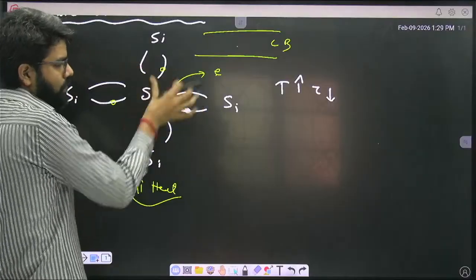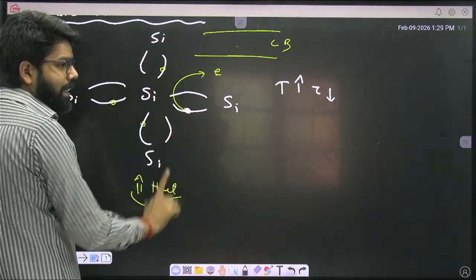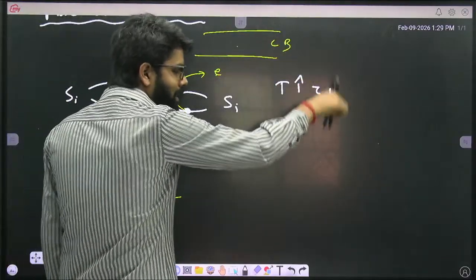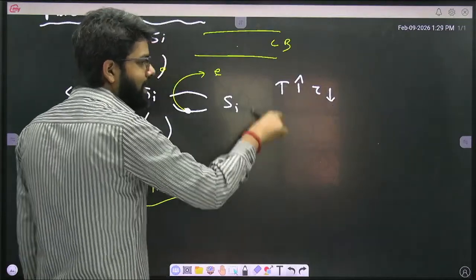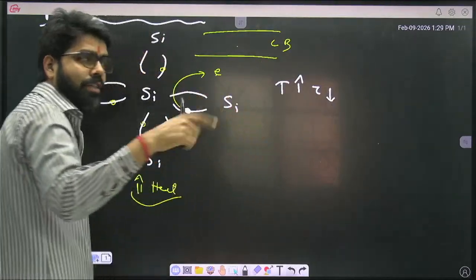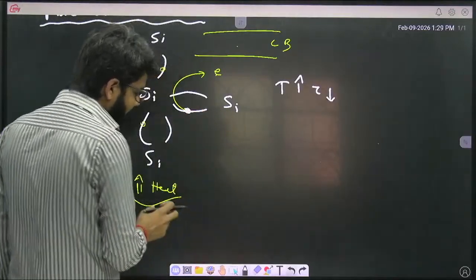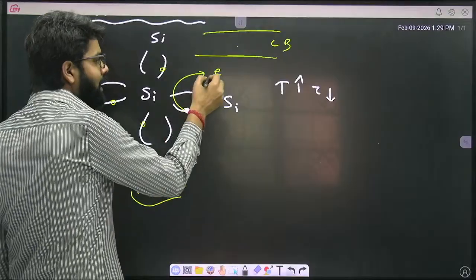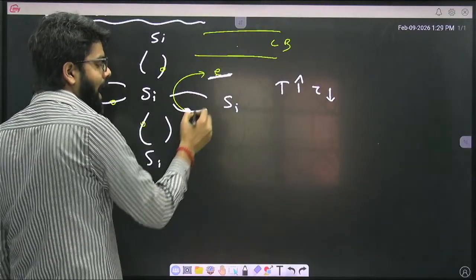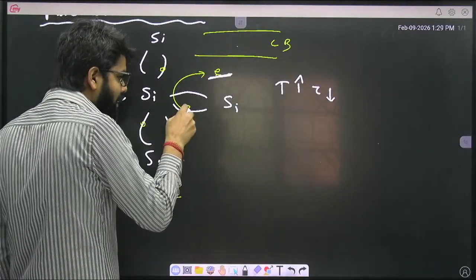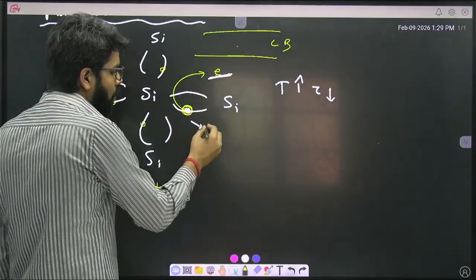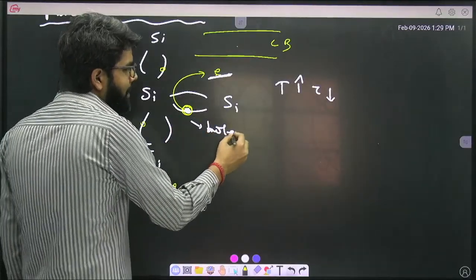When we increase the temperature, relaxation time decreases, so the collision time decreases. So resistivity should increase, but it does not happen so. Why? Because on increasing temperature, they release an electron and leave a vacant place behind it, which is called a hole.